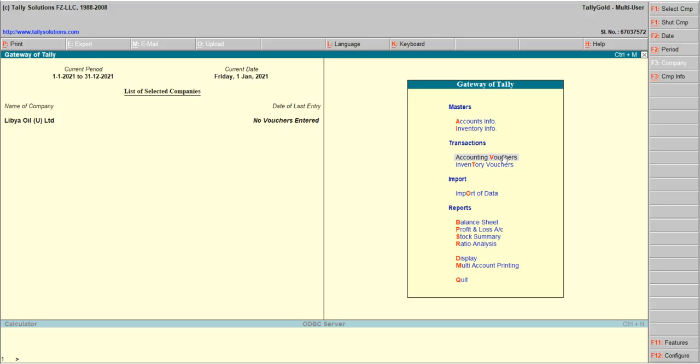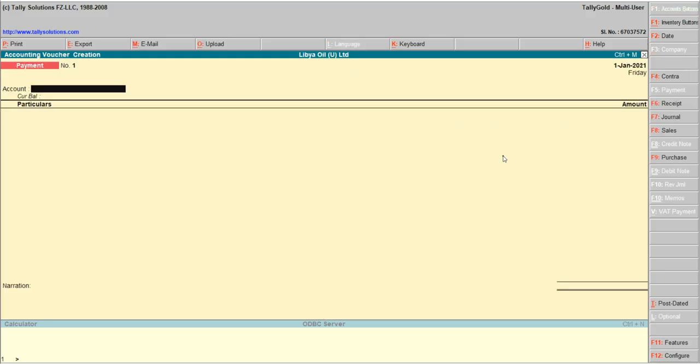Of course, we have different accounting vouchers. We look at the right of your window. You'll see we have account buttons. We have inventory buttons. On your right, you'll see the date, that is F2, F3, that's company. Now the accounting vouchers which we have: contra vouchers, payment vouchers, that's F5.